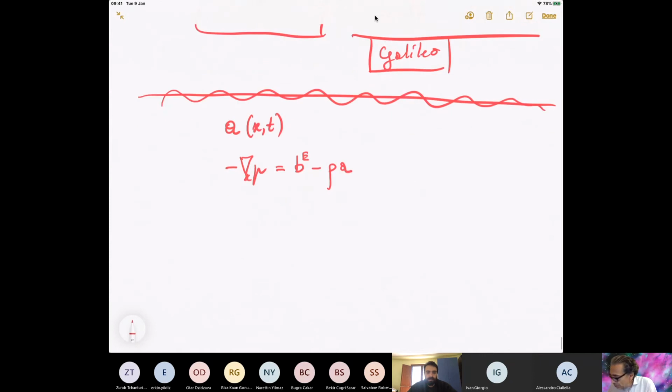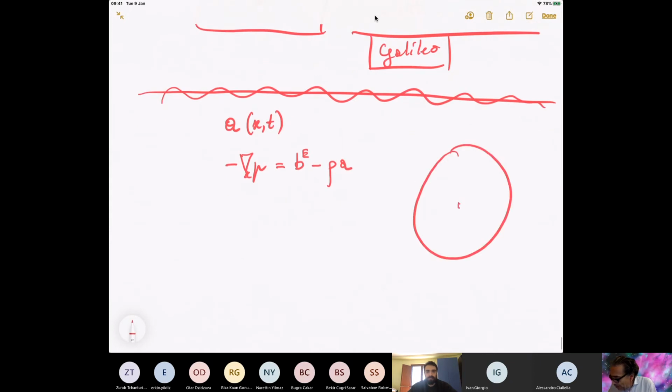Okay, so I am here in one point. I have a small volume control. I write the Eulerian balance of forces, if you remember what we said yesterday.